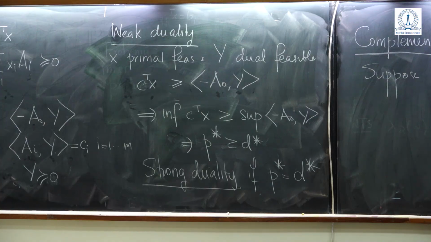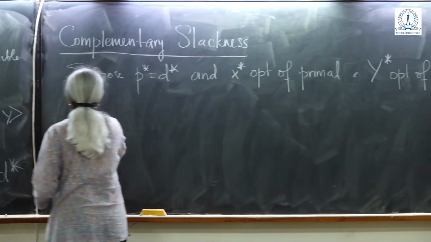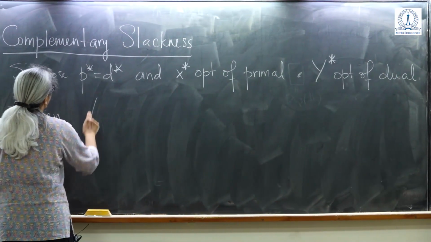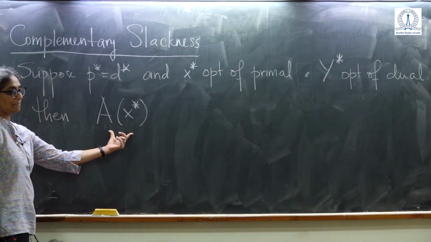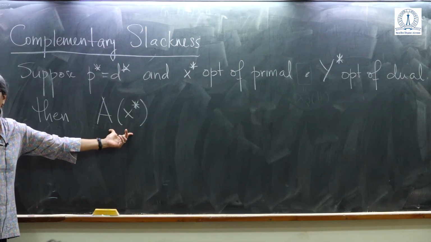Okay, now I'm going to write something that maybe you'll complain about, but let me write it anyway. Let me write the statement. So X star is optimal for the primal, Y star is optimal for the dual. So if all this happens, then if you plug in X star into the pencil, so remember this is the pencil, this is A0 plus sum of Ai Xi star.